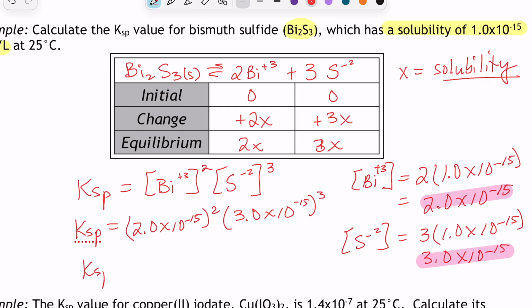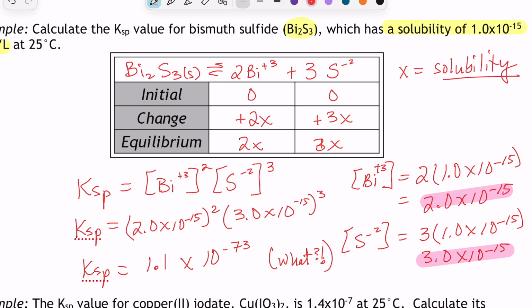Oh my gosh, the answer is ridiculously small. 1.1 times 10 to the negative 73. What? Yes. Yep, it's that small. So it's basically insoluble, okay? It's so incredibly slightly soluble that it lays far, far, far to the left.